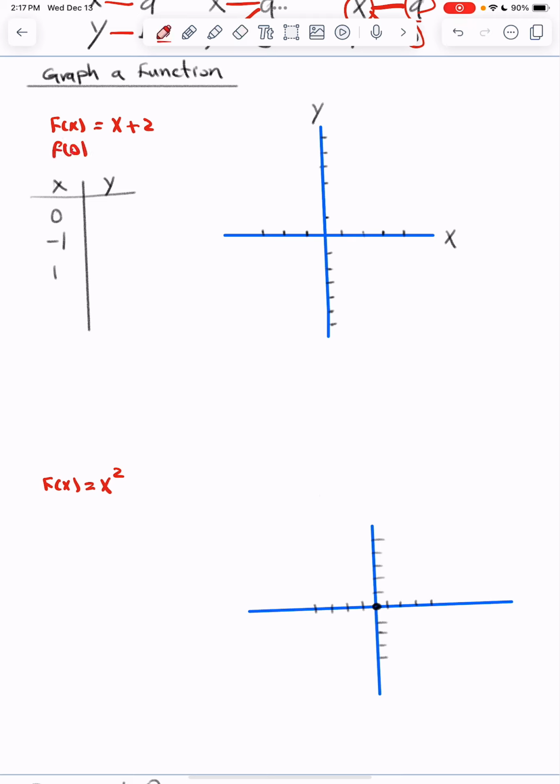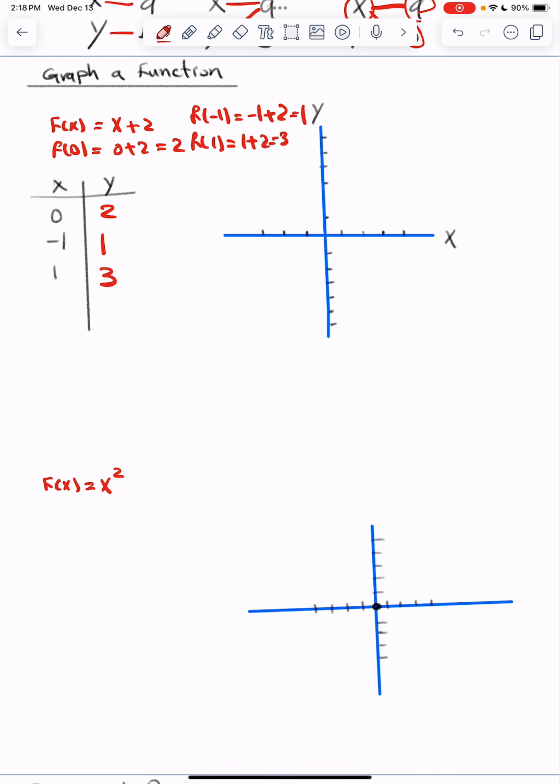So f of 0 is going to be 0 plus 2, which is 2. F of negative 1 is negative 1 plus 2, which is 1. Then f of 1 is 1 plus 2, which is 3.